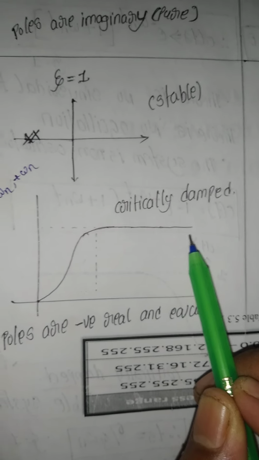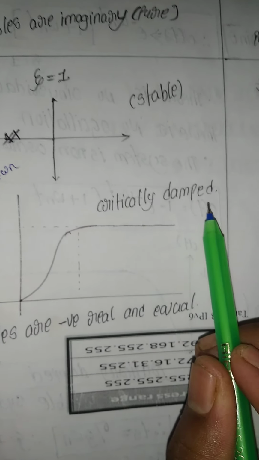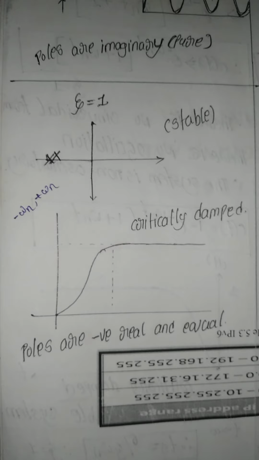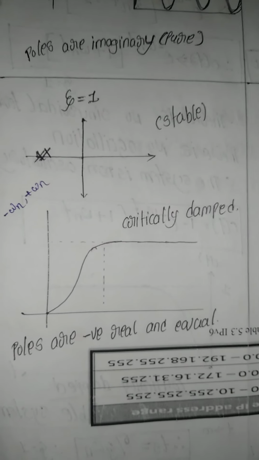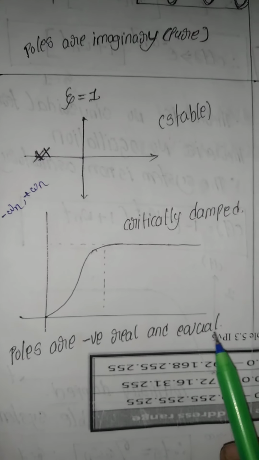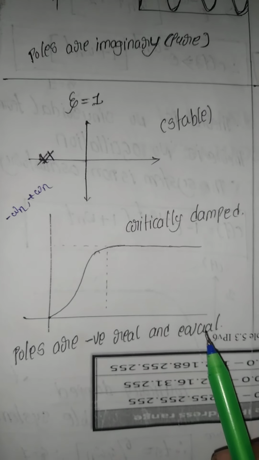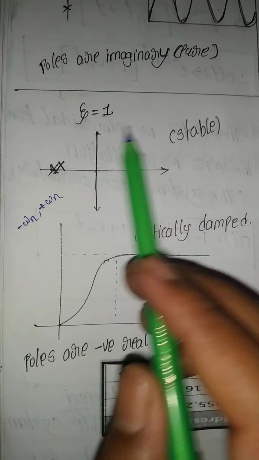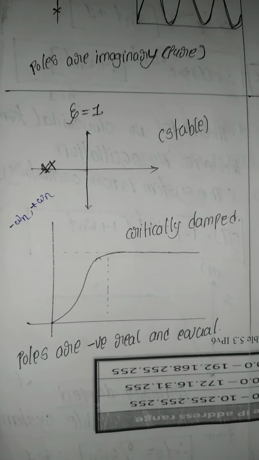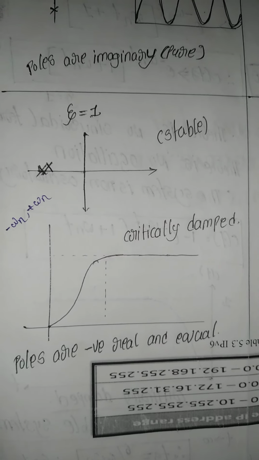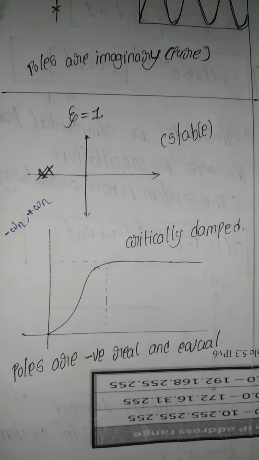It is called critically damped. We discussed critically damped in the previous lecture. It is stable. Poles are negative real and equal. So we consider the maximum value of zeta as 1. It was critically damped.